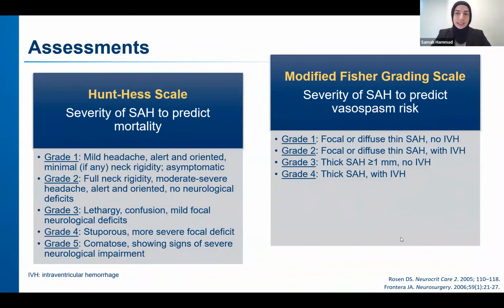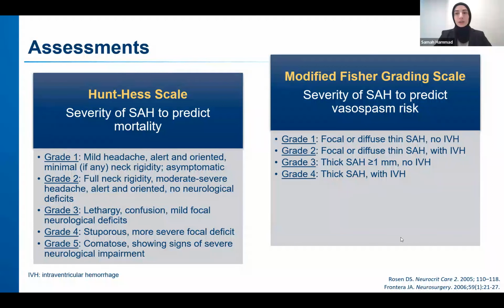Those are 2 assessment scales that we use when managing patients with subarachnoid hemorrhage. The Hunt-Hess scale predicts the outcome and the risk of neurologic complications after aneurysmal subarachnoid hemorrhage. And this helps surgeons determine the surgical risk and timing of any interventions if necessary.